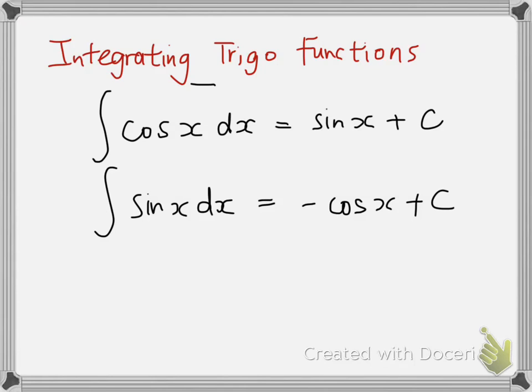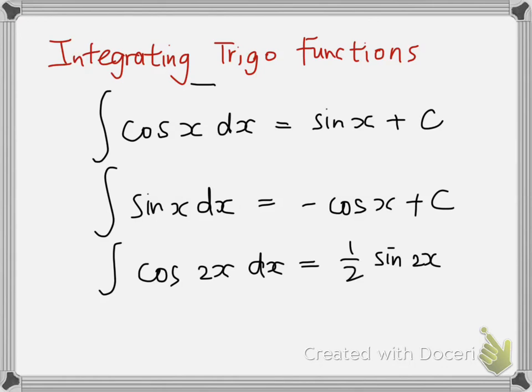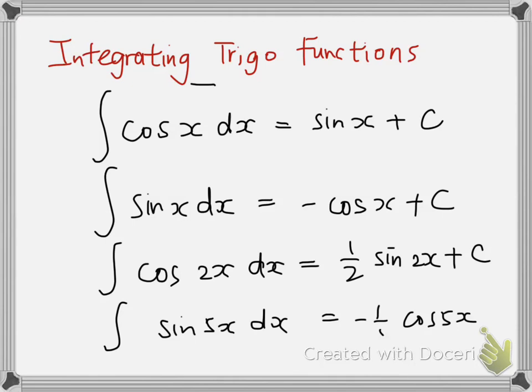Again, integrate cosine 2x dx. What would it be? It would be sine 2x and then half. And if it is integrating sine 5x dx, it would be negative cosine 5x, and then this time is 1 over 5, plus c.